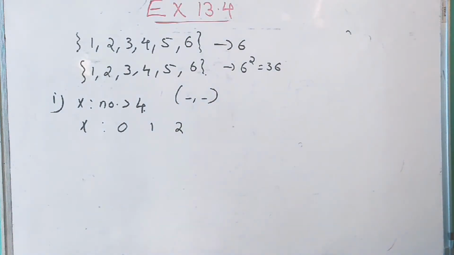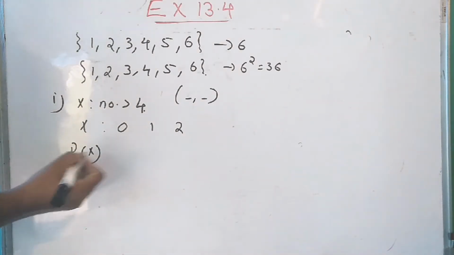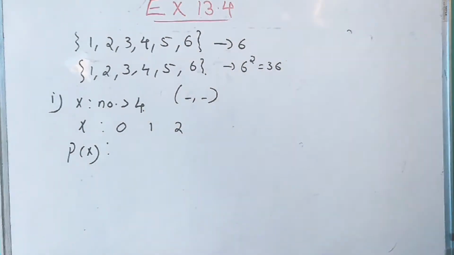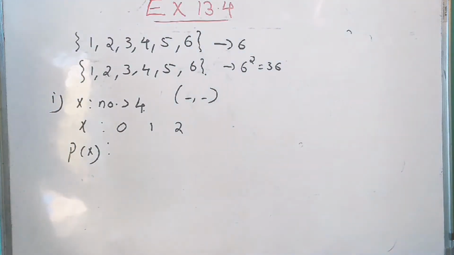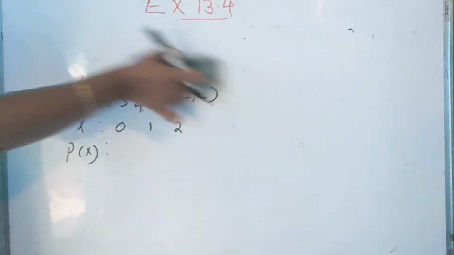Now we need to write the probability distribution corresponding to this, P of X. So I am going to write the sample space corresponding to these 36 outcomes.